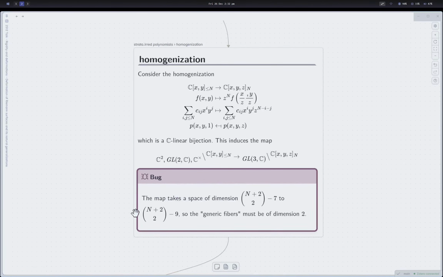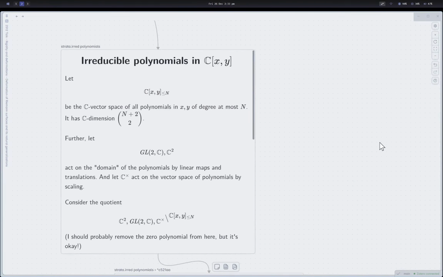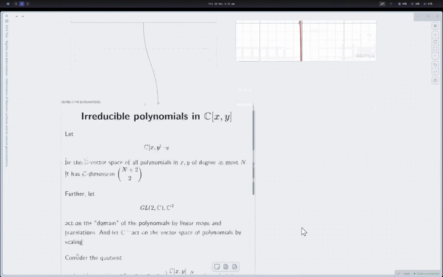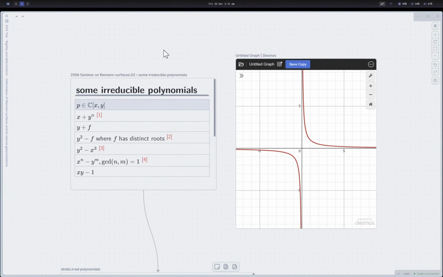So this is the dimension of the moduli space of plane curves, because it's supposed to be an open set in this quotient, and this is the dimension count. So classifying irreducible complex polynomials is equal to classifying plane curves up to projective linear transformations, up to isomorphism, and some of them will be smooth.